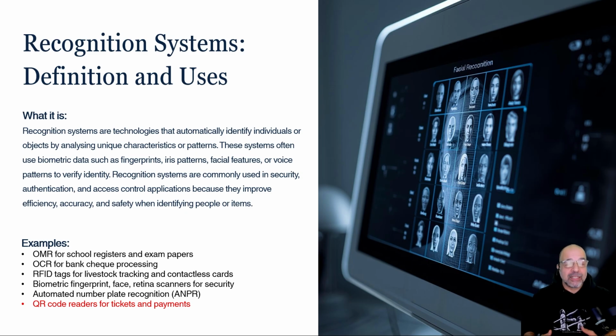However, recognition systems, for example, OMR, OCR, optical mark recognition, and optical character recognition. These are good for identifying either security access, exam papers. If you're looking at optical mark recognition, you're looking at OCR for identifying text. We can use this kind of identification with ANPR, which is the automated number plate recognition.